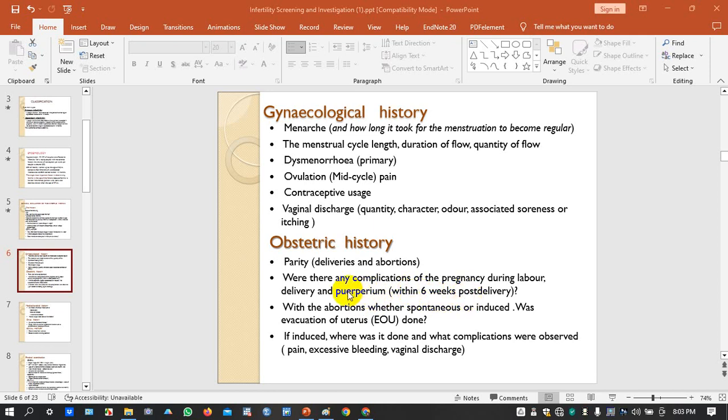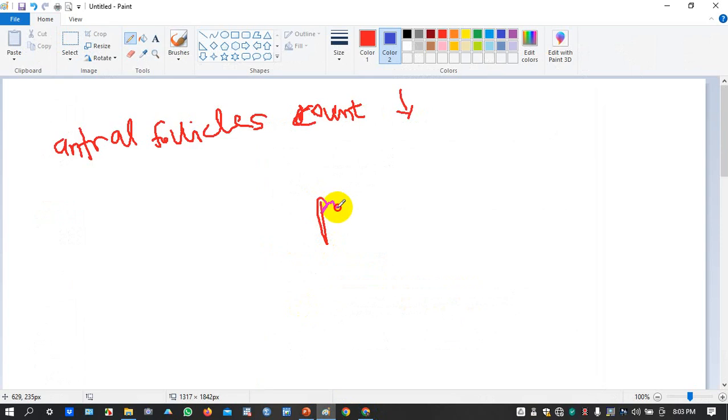Peripartum or postpartum, or post-delivery, is the same as puerperium. That is the period of 6 weeks after delivery.